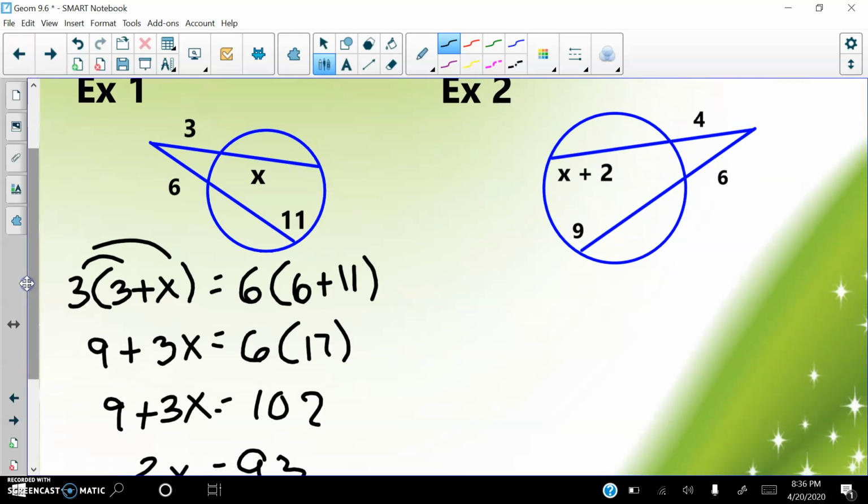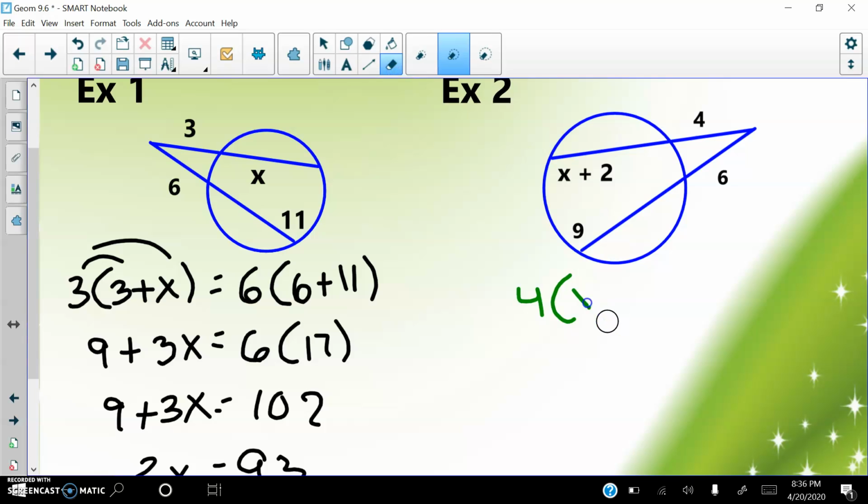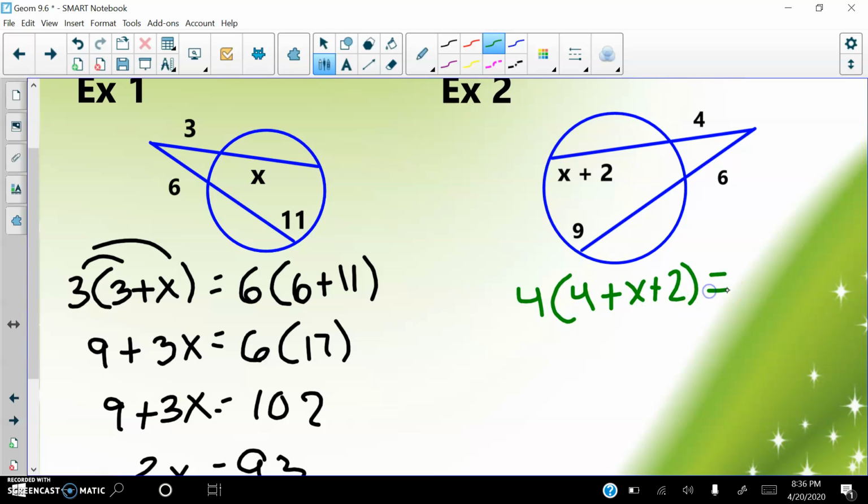All right, for number 2, I'm going to do green for this one. I have the outside 4 times the whole thing, 4 plus x plus 2, equals 6 times the whole thing, 9 plus 6.